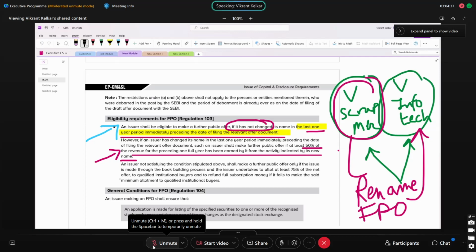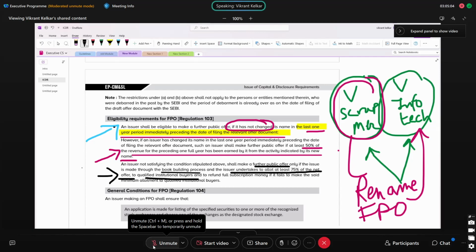Correct. And the last point is again there. The issuer not satisfying the condition above means what? One year should be there and 50% of the revenue, so that part is not covered. Okay. And an issuer not satisfying the conditions stipulated above shall make the further public offer only if the issue is made through the book building process and the issuer undertakes to allot 75% of the net offer to QIBs.